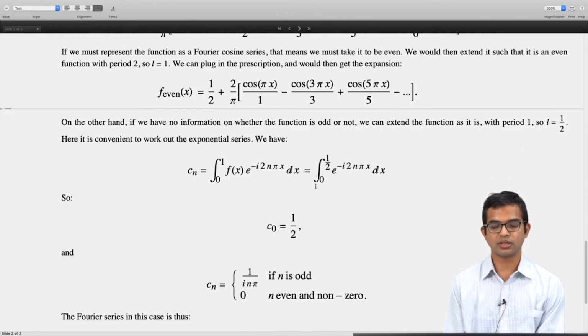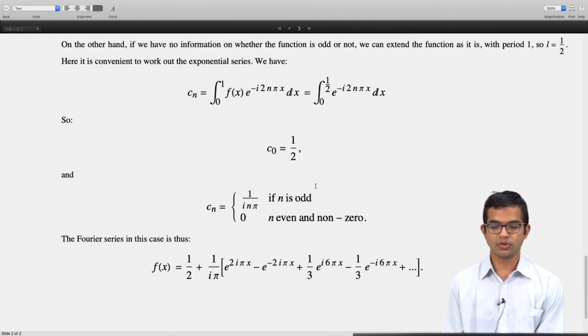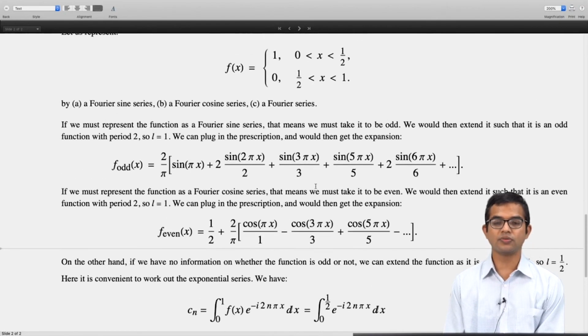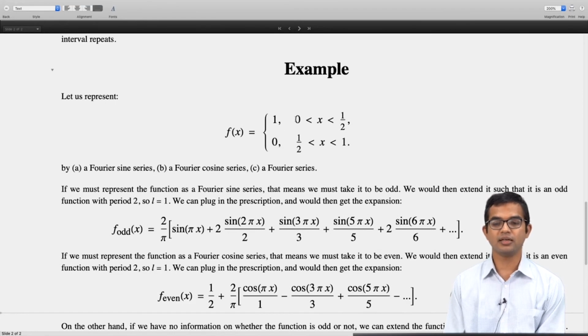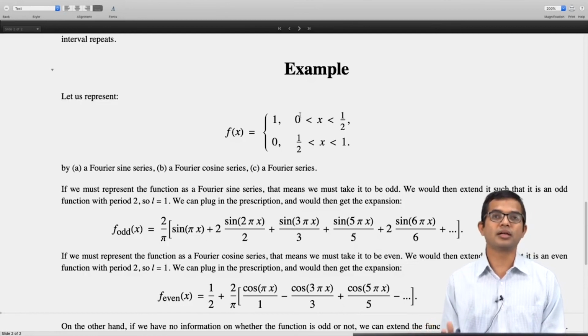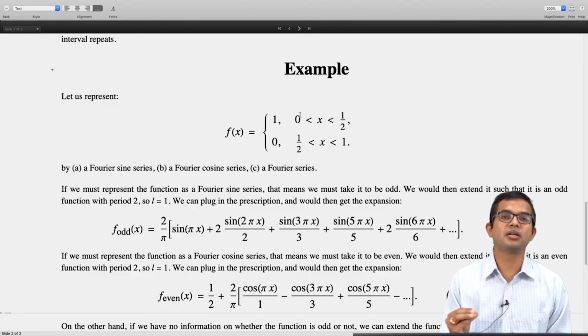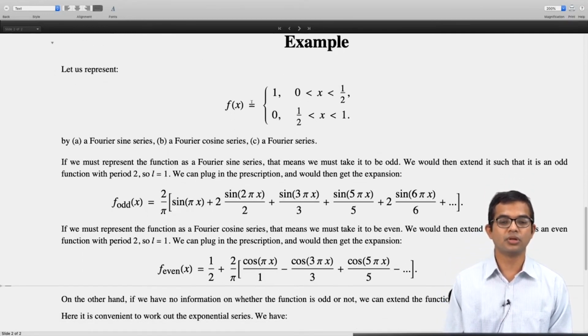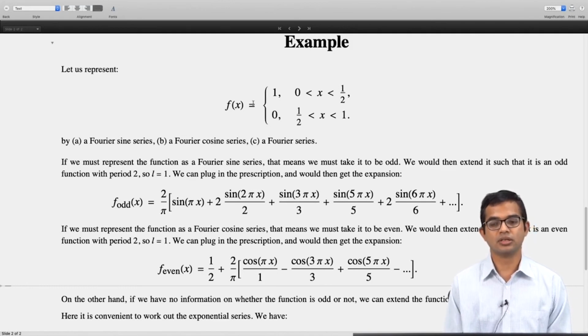It doesn't matter which one. Use whatever is convenient for you, and then check that indeed all of them basically agree in this interval 0 to 1, right? Because they're all valid extensions of the same function, but you have input some extra ingredient in working out these different representations. There are different extensions of this function.